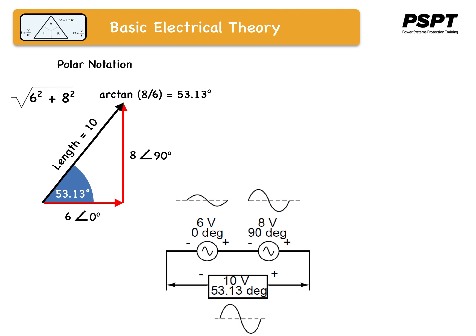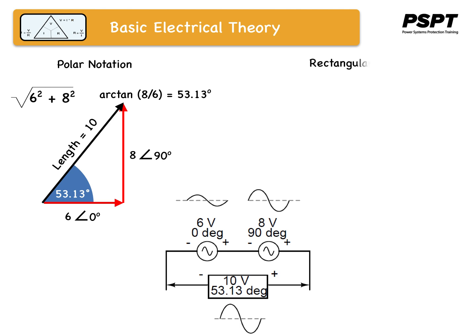We just went through the mathematics and came up with the fact that the resultant voltage was 10 volts at 53.13 degrees. We had to find the square root of the sum of the squares of two sides, and then we had to take the arctangent, which when you're adding two vectors together is a little bit tedious.